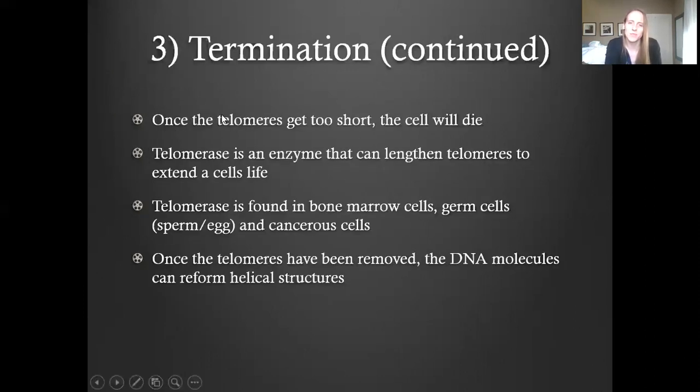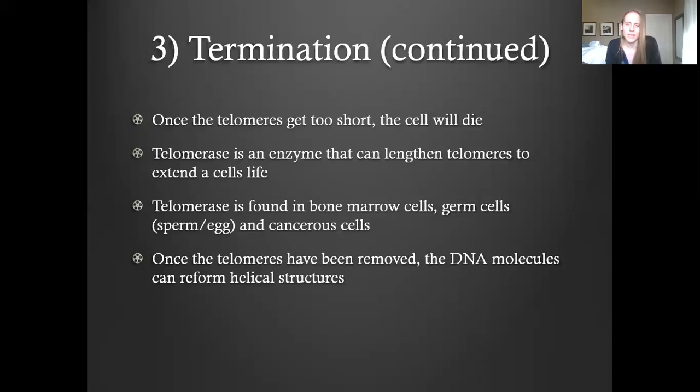So yeah, once the telomeres get too short, then the cells will die. There is an enzyme called telomerase that can lengthen the telomeres, kind of like build on the end of the telomeres, that can extend a cell's life. And we find that enzyme in bone marrow cells and germ cells, so like sperm and egg, as well as cancerous cells.